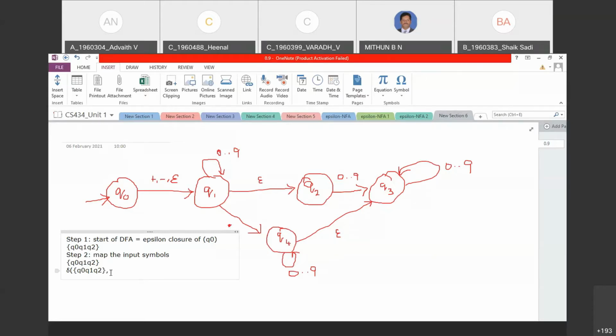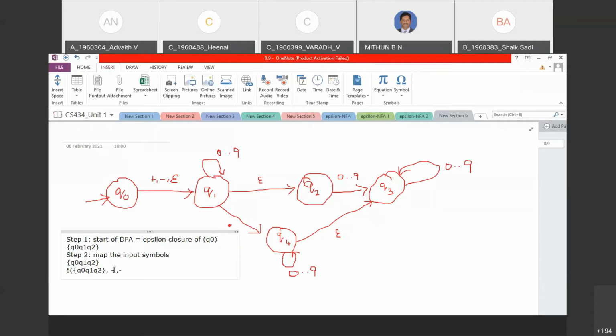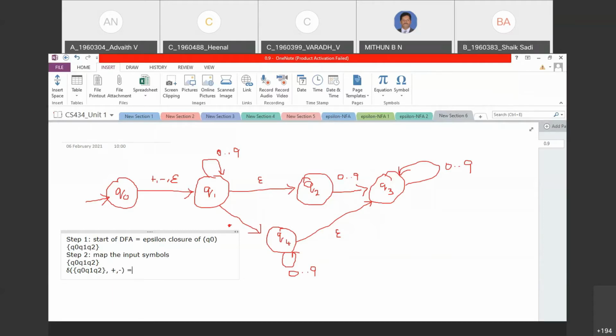So Q0, Q1, Q2 with plus and minus. I'm doing it for both together. Epsilon closure of delta of Q naught with plus minus, union, same thing.